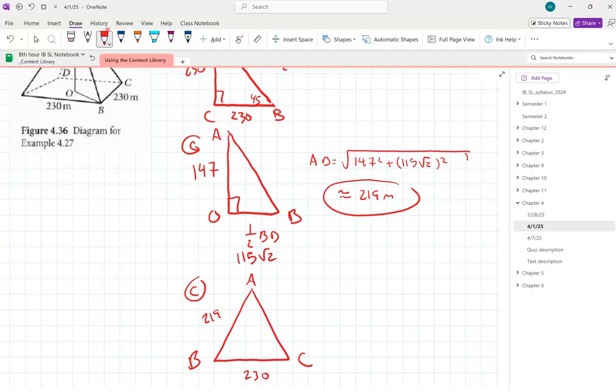So this is our triangle. What do you notice about this triangle? It's not a right triangle, right? But it is isosceles, absolutely.